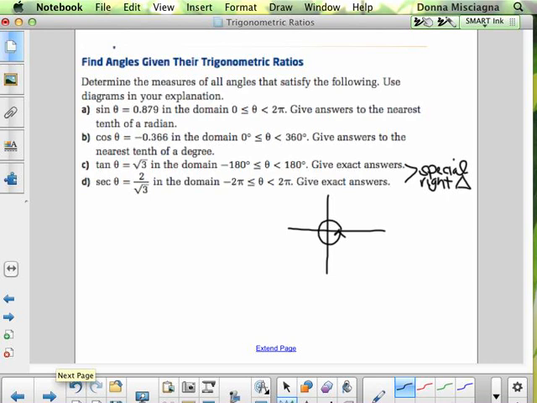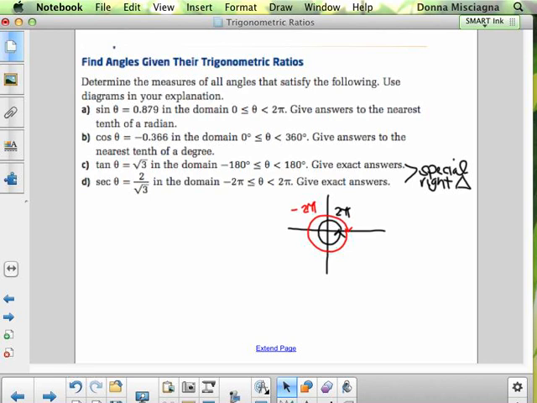There's positive 2 pi, and if we go the other way, this would be negative 2 pi. It's just going to double our amount of answers, but it's going to be the same triangles, just we went a different way to get there. But let's graph our angle. We are positive. So let's graph the first one.